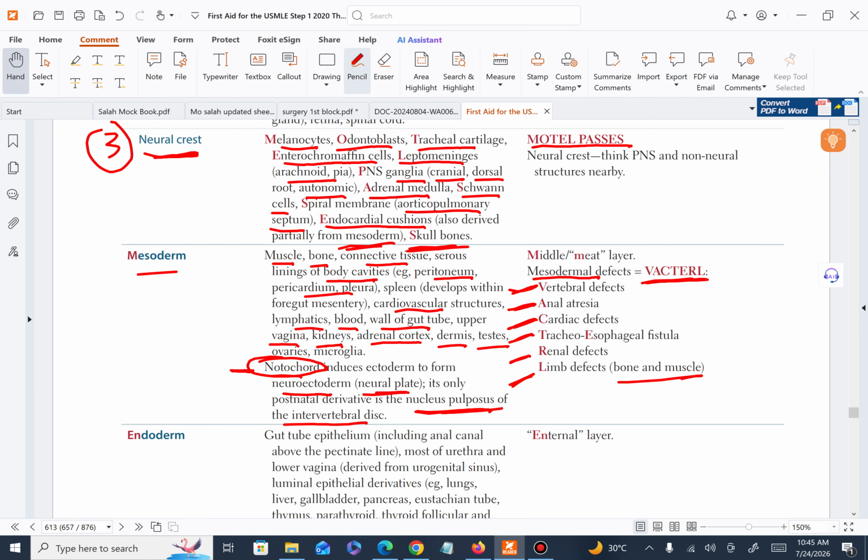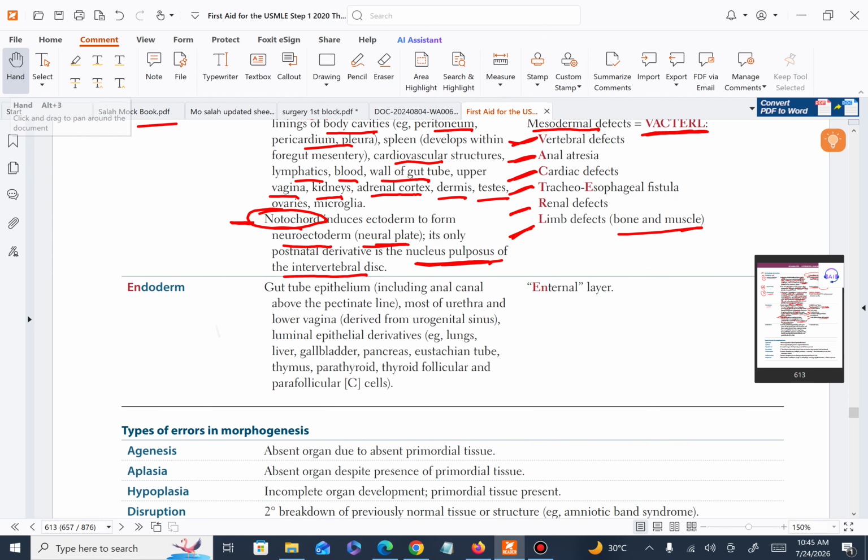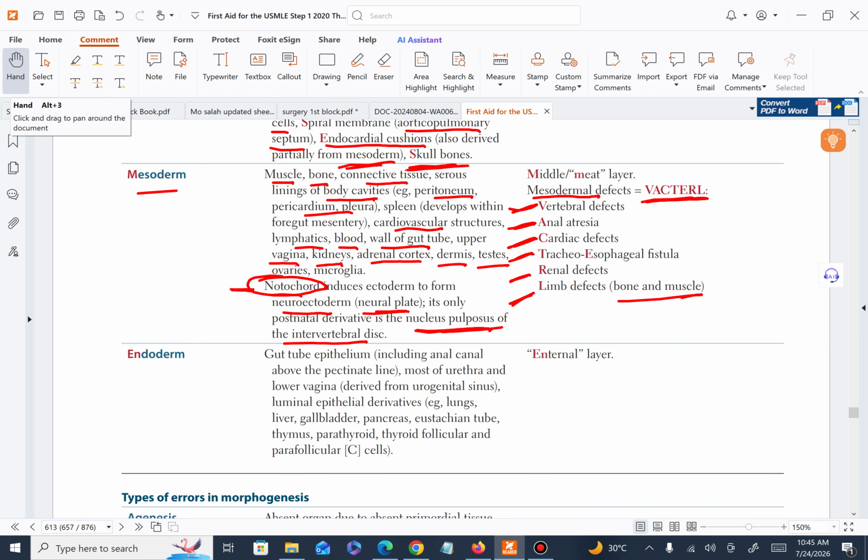Now the derivatives from the endoderm. So endoderm is the internal layer, and the structures which derive from the endoderm are gut tube epithelium, including anal canal above the pectinate line, and below the pectinate line arises from the ectoderm. Most of the urethra and lower vagina derive from the urogenital sinus.